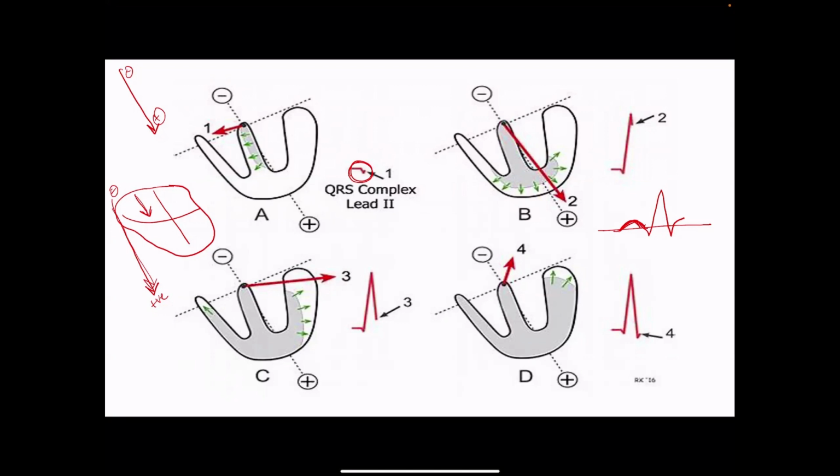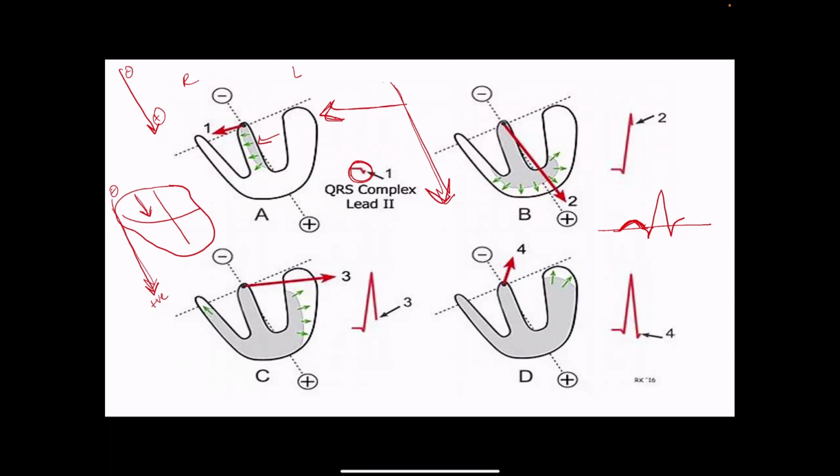Okay, keep in mind, this is right, this is left. It's as if the patient is looking towards you, okay? So it depolarizes from left to right, so in this direction. Lead 2 is in this direction. So you have the wave of depolarization going away from lead 2, okay? That's why it kind of dips down, there's a negative, okay?